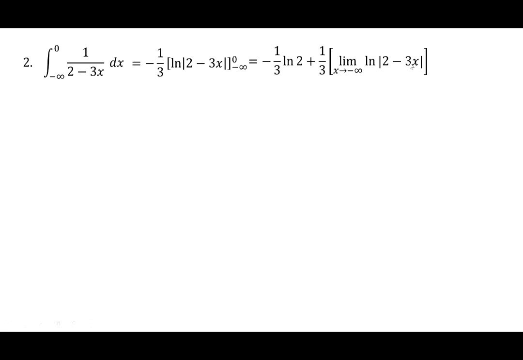Oh, so that's actually a pretty large positive number. So that means 2 minus 3x itself would be approaching infinity. Natural log of something that is approaching infinity. Natural log of a very large number is also a large number. So this quantity inside the square bracket is actually approaching infinity. Oh, that means the whole thing is infinity.